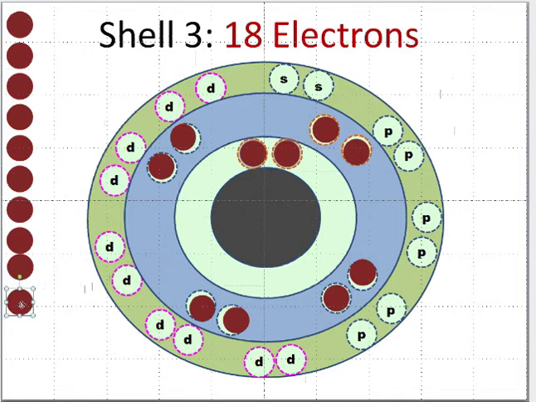Electron 11, you probably guessed, goes into an s orbital. Electron 12 also goes into an s orbital. So now where does electron 13 go? We have the option of p orbitals and d orbitals.